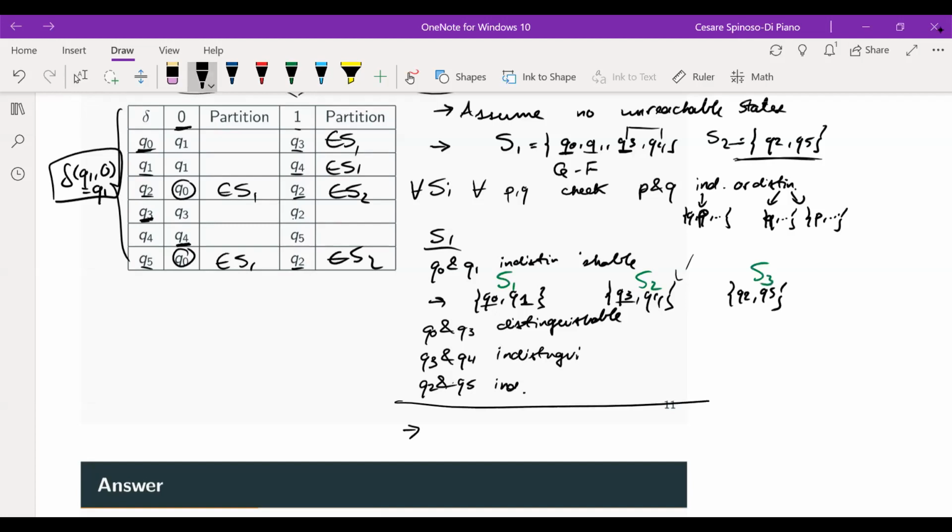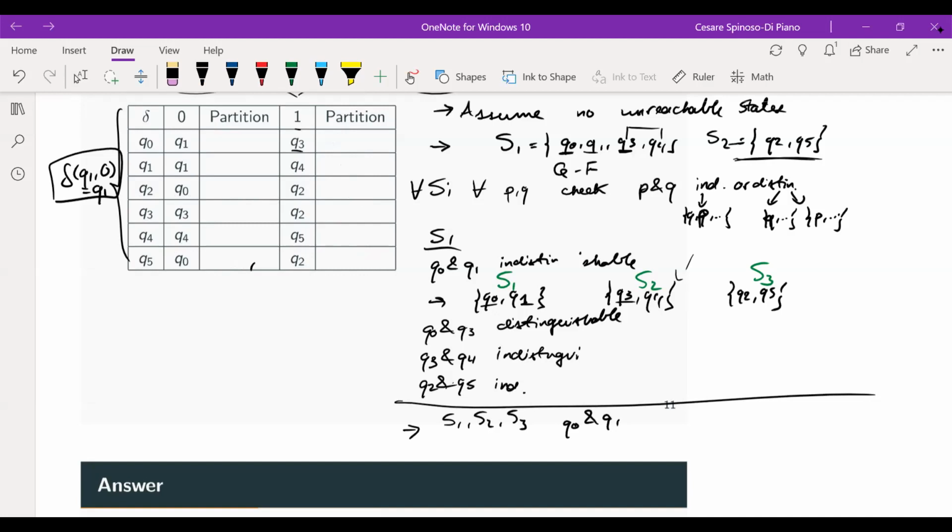And now I need to check Q0 and Q1, indistinguishable or distinguishable. Okay? Because it could change, because perhaps when I repartition them, maybe Q0 goes to one partition and Q1 goes to another partition. So I need to double check.